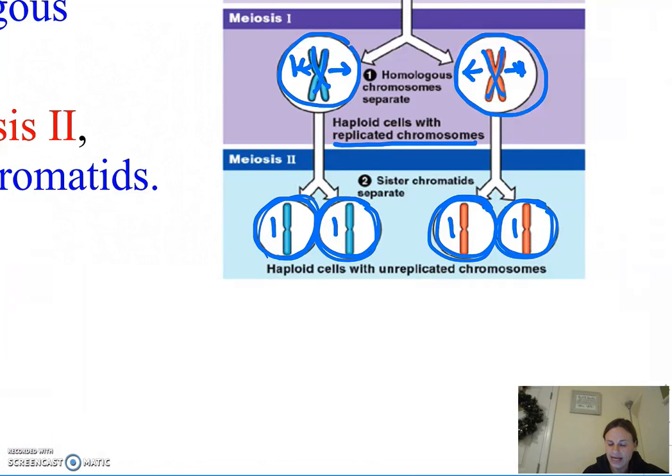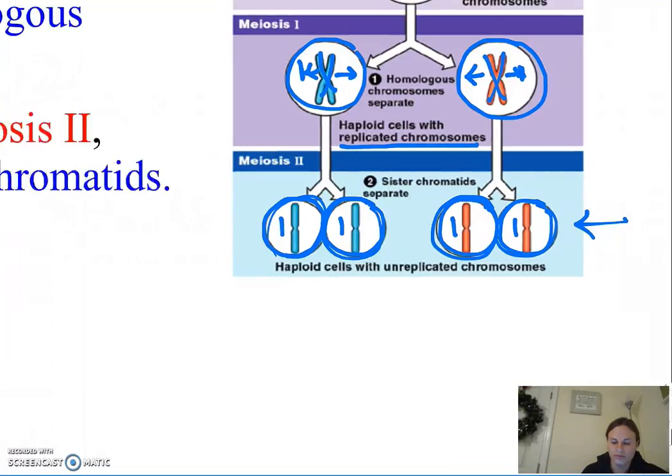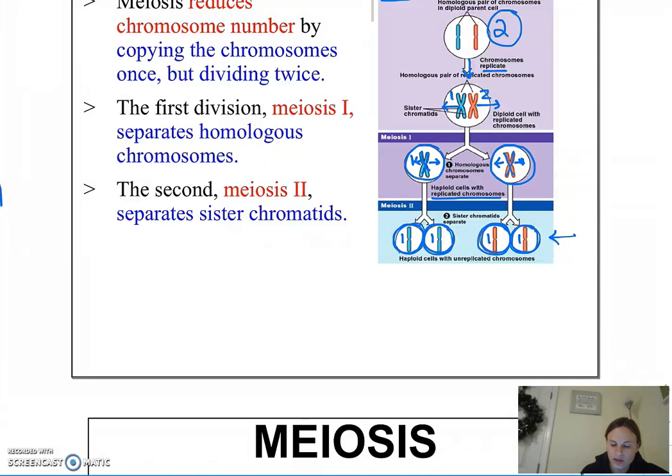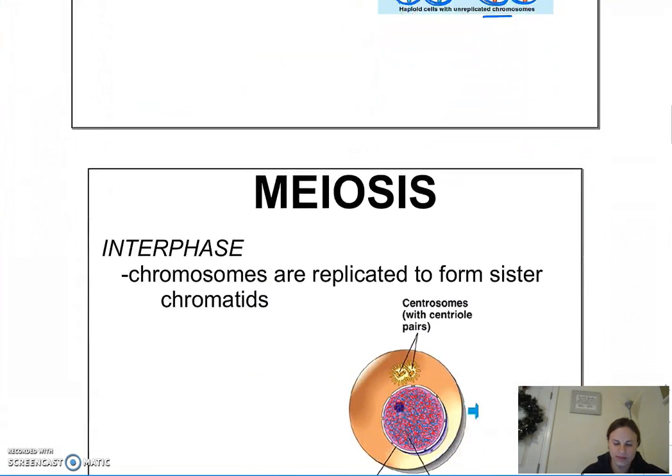But once again, these cells only have 1 chromosome. Now remember, we started out with 2 chromosomes. So once again, we have half the number of chromosomes present.